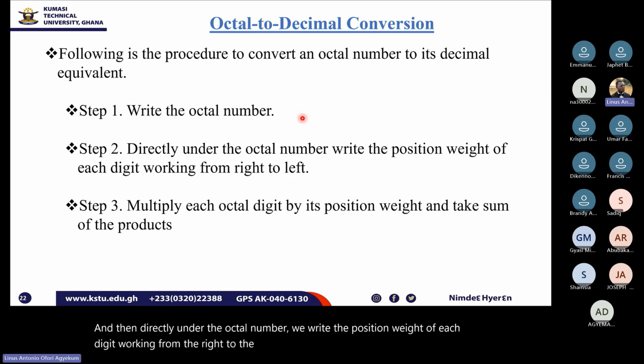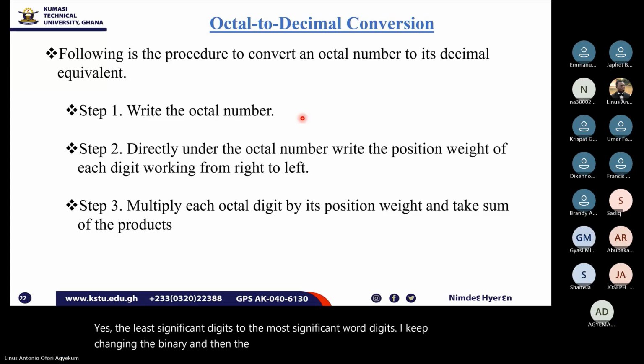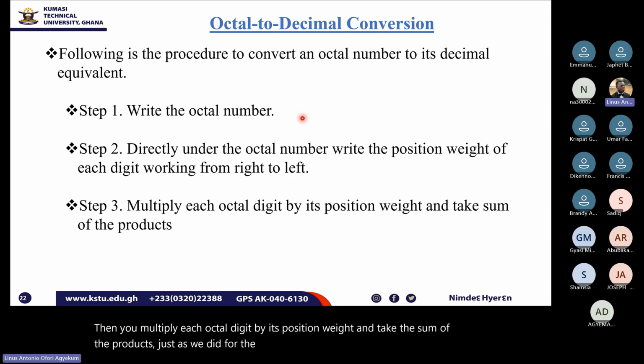That is working from the least significant digit to the most significant digit. Then you multiply each octal digit by its position weight and take the sum of the products, just as we did for the binary. Okay, so let's look at an example here.